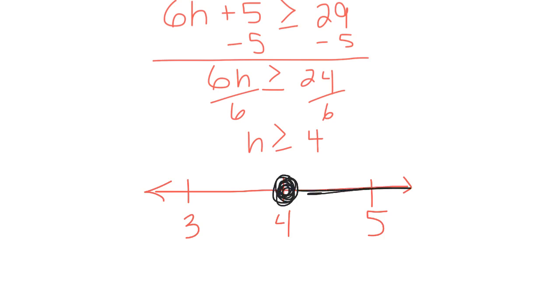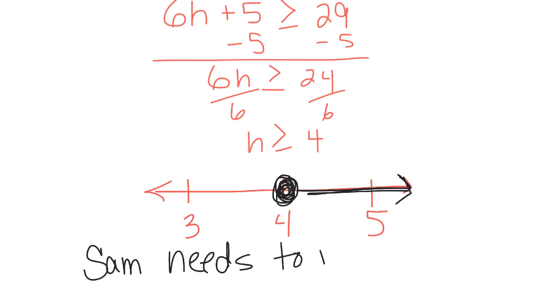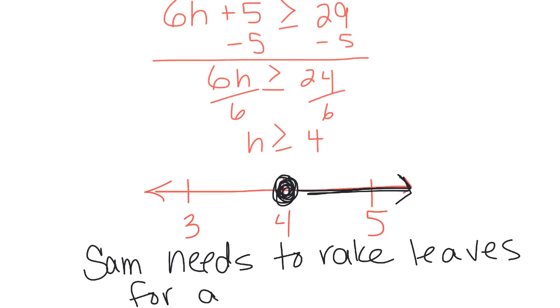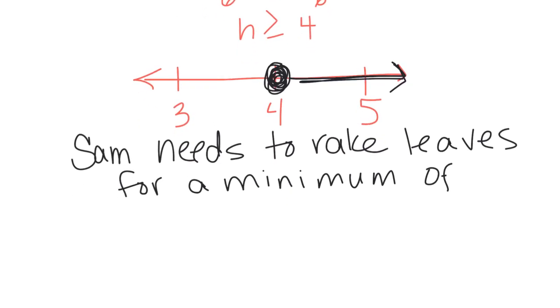I am going to shade to the right because it is greater than, and then interpreting the solution, Sam needs to rake leaves for a minimum of 4 hours.